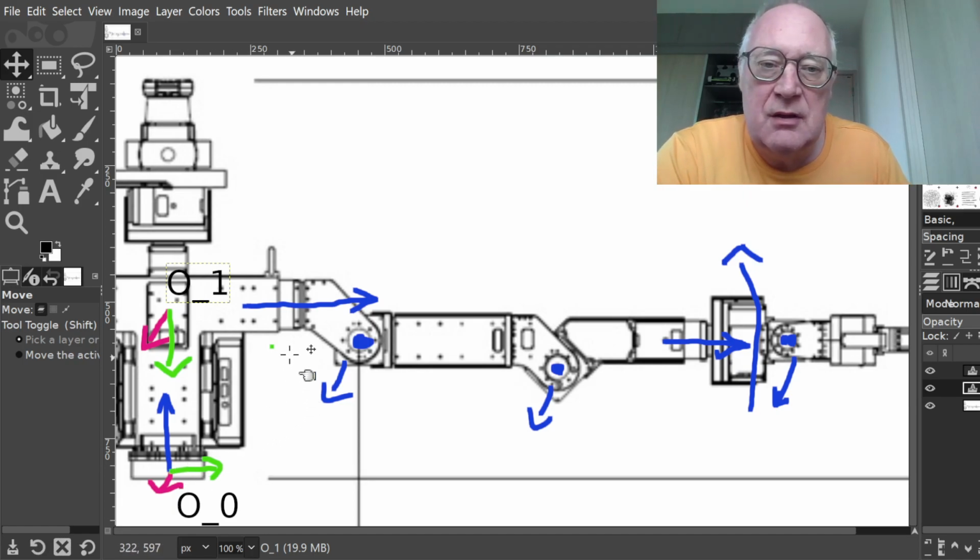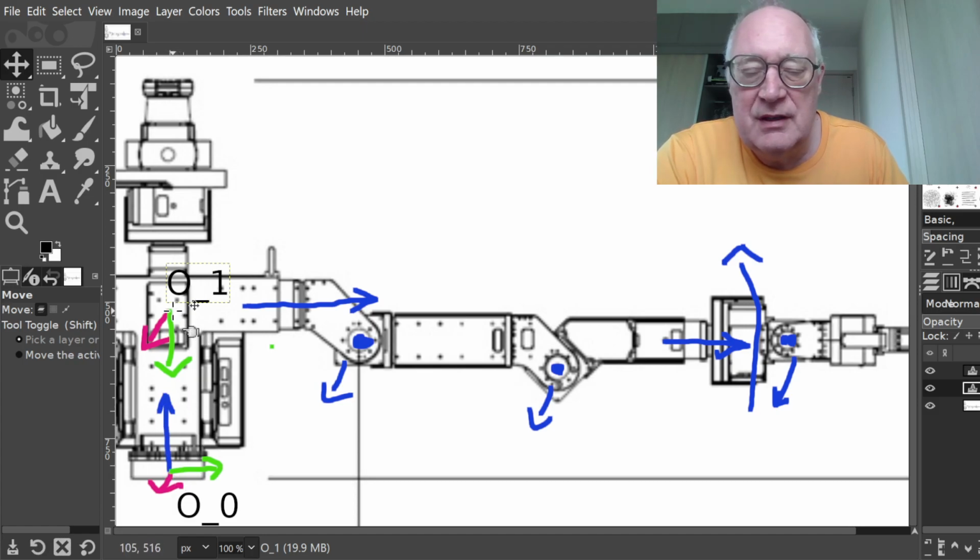No, wait a minute, I don't need to move it there, I just need to move it there. So I can go up along Z by this distance, and then I don't need to move along X, and then I can rotate around X by 90 degrees. Yes.